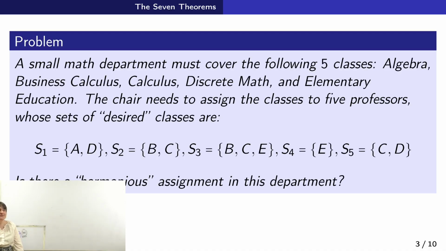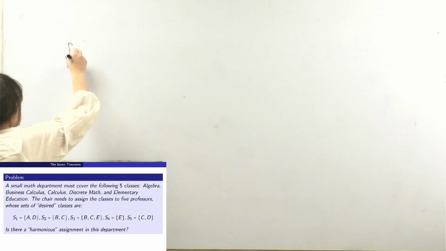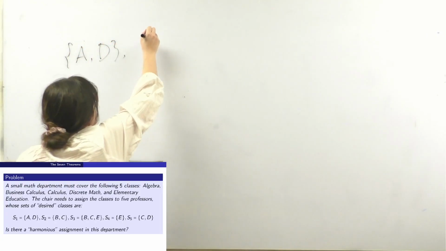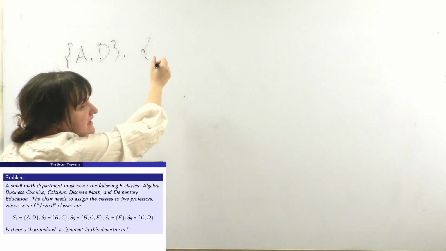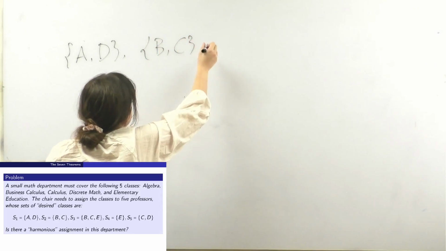But so we've got these 5 classes that need to be covered. We've got 5 professors who are going to cover them, and each professor is going to cover exactly 1 class. We also have every professor submit to the chair a list of the classes that they actually want to teach. So first professor would be okay teaching algebra or discrete math. Second professor would be okay teaching business calc or standard calculus.